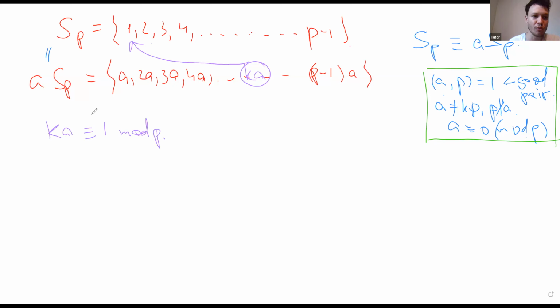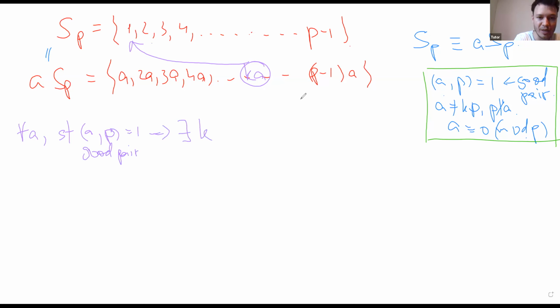This is true for any number A that is a good pair with P. So for all A such that A and P is a good pair, there exists some K such that Ka is congruent with 1 mod P. What does it mean for Ka to be congruent with 1 mod P?